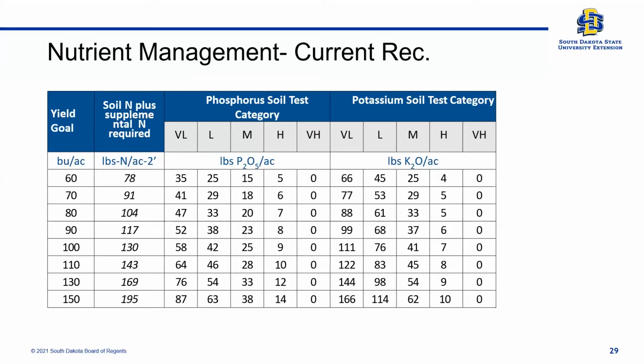We call it our recommendation guide, the book, and we also have a PDF version online. If you have looked in that book for a fertilizer recommendation on any other crop, you might have stumbled upon this table before.